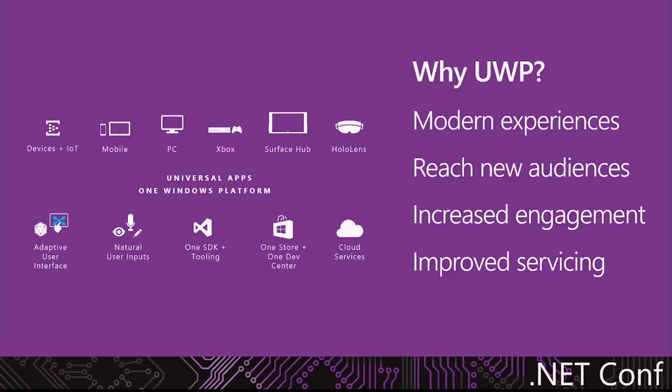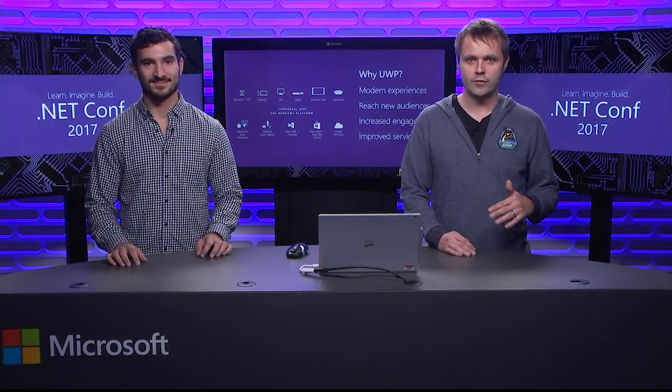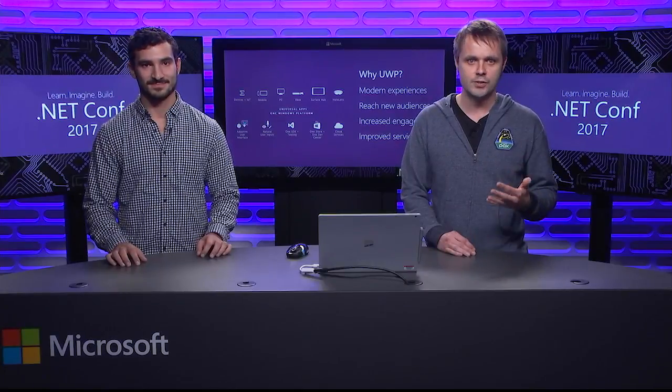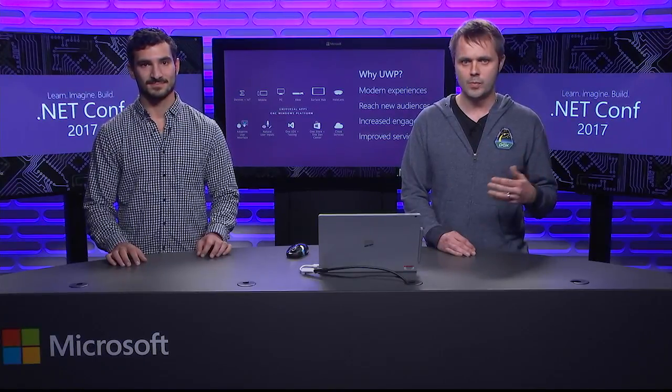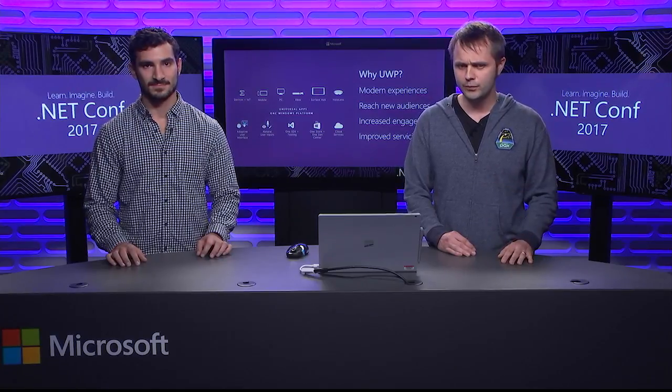It may be tapping into the multiple natural user input modalities that the user experience can achieve through UWP apps. But then there's additional benefits as well, such as being able to reach new audiences. So by having your app target the Universal Windows Platform, your app can start to run on those different devices such as a HoloLens, a Surface Hub, all the different Surface desktop laptops today as well.